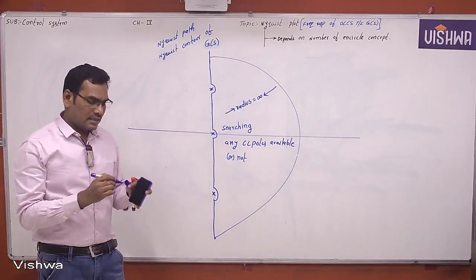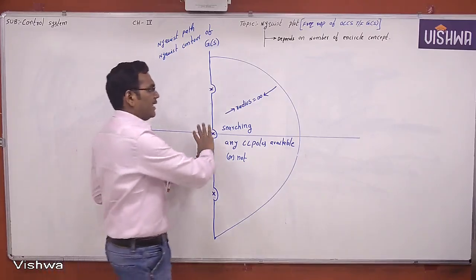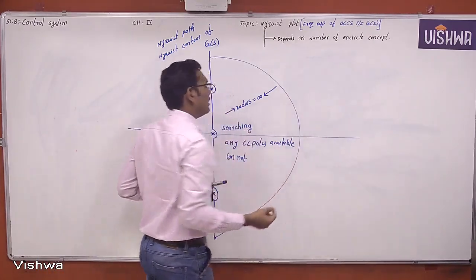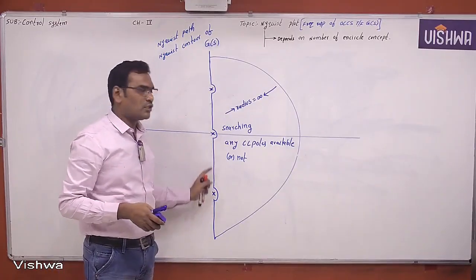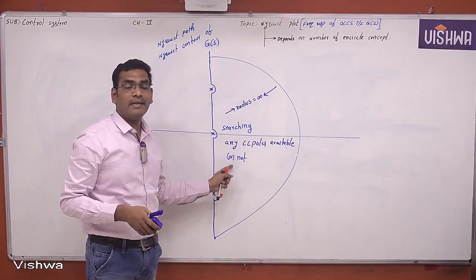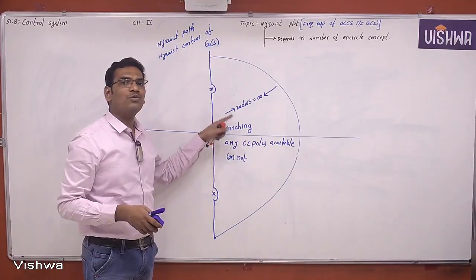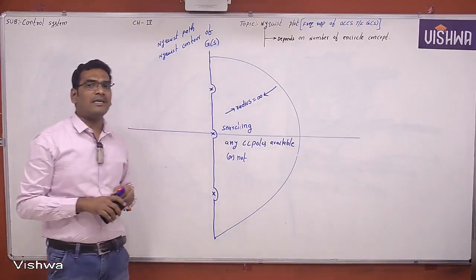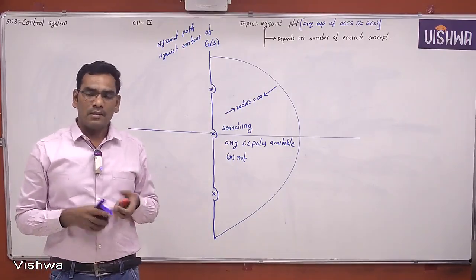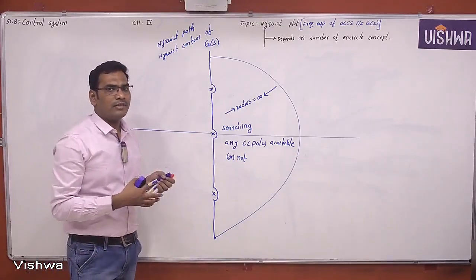Now after the searching is completed through the entire right hand side of S-plane, finally it gives a statement that I searched the entire right hand side of S-plane and I cannot find any closed loop poles on the right hand side of S-plane, such that the closed loop control system is, tell me, stable. Okay, you understand students what I am saying?